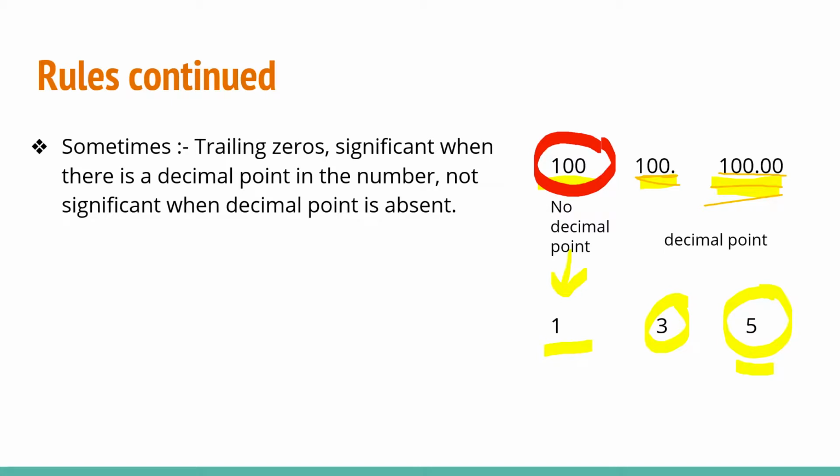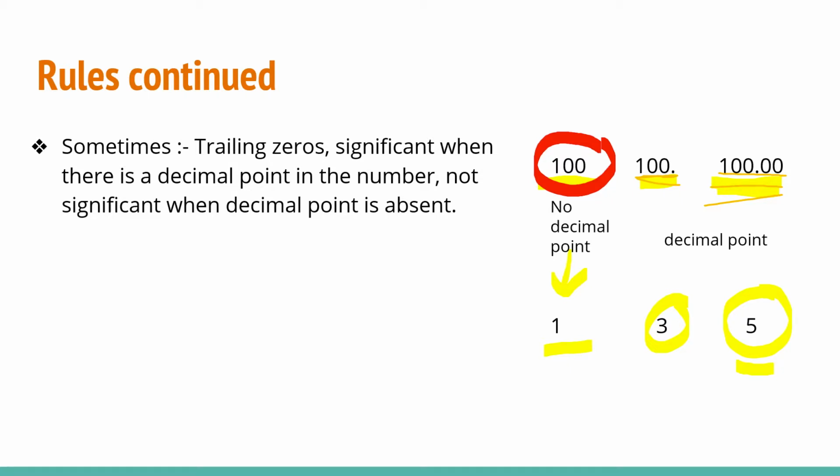However, if you write your volume like 100.00, then it indicates that this volume is exactly equal to 100 ml and you must have used some precise lab equipment in the measurement of this volume. So basically they reflect the precision of your measurement, how precise the lab equipment you have used is. So the third rule: trailing zeros are significant when a decimal point is there in the number, not significant when the decimal point is absent.